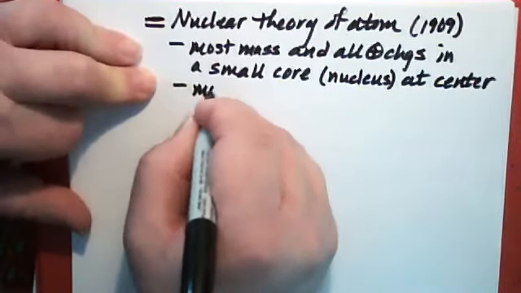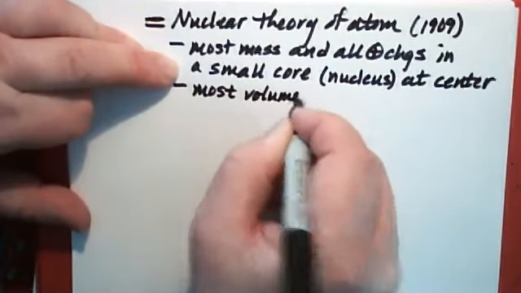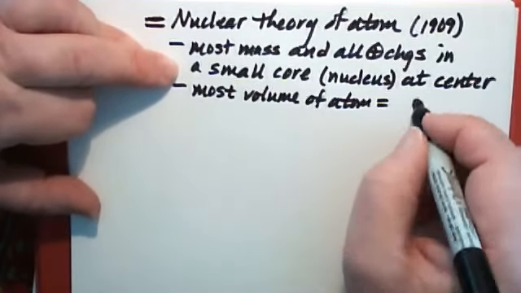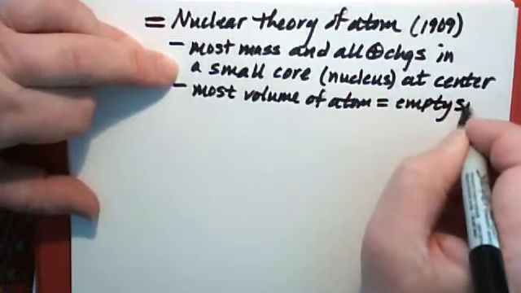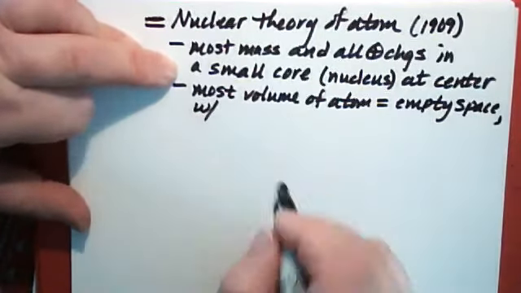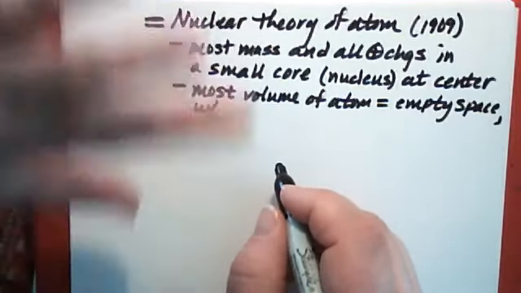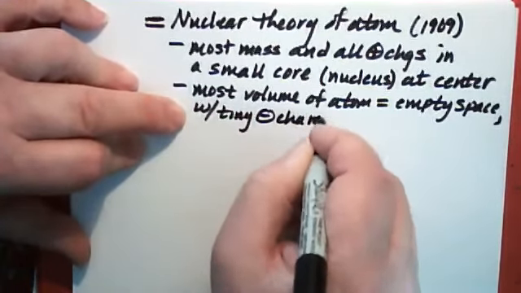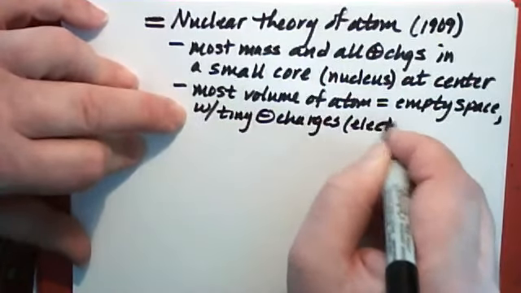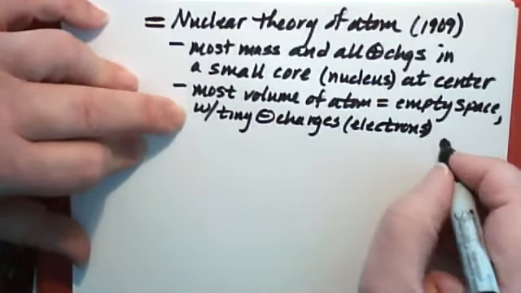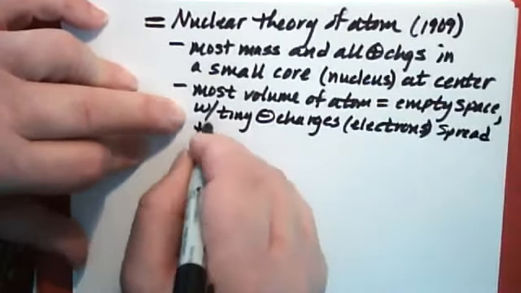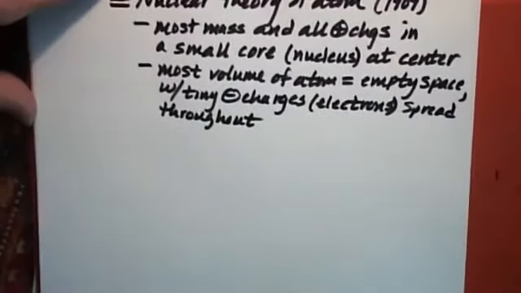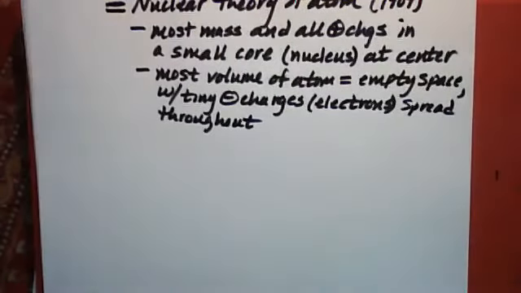Okay, also, most of the volume of the atom is taken up by literally nothing. But that nothing has tiny negative charges dispersed throughout it. Those negatively charged electrons are really, really tiny compared to the amount of empty space.